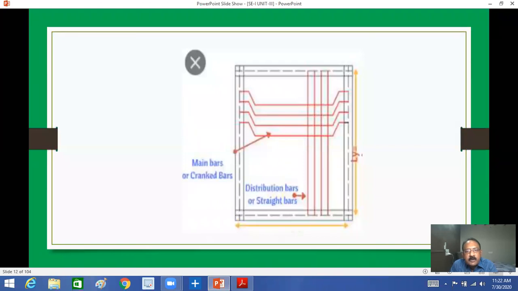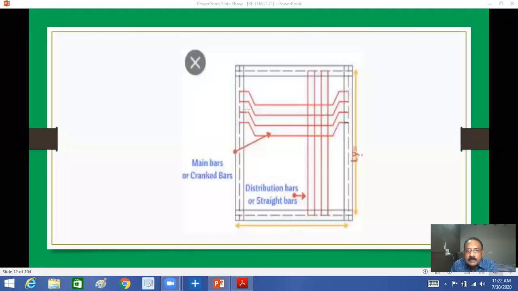So this is an example of a one-way slab, showing how reinforcement is placed. If you observe this, you will understand how the reinforcement is placed. After the problem solving, you have to draw this figure. What is the reinforcement? Actually, there is one reinforcement bar straight and one alternate bent up.